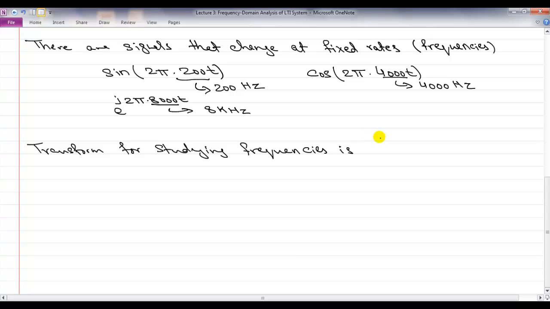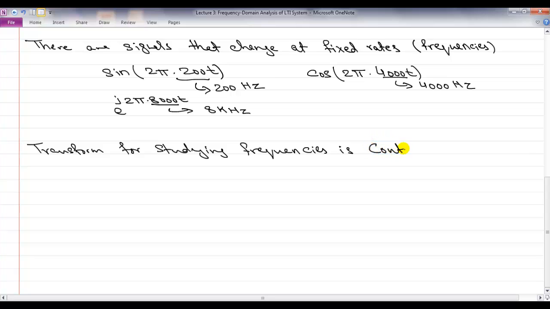Okay. Depending upon whether we are studying continuous signals or discrete signals, it's called continuous time Fourier transform or discrete time Fourier transform.